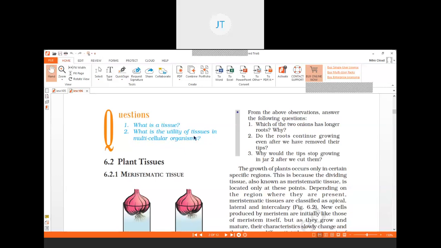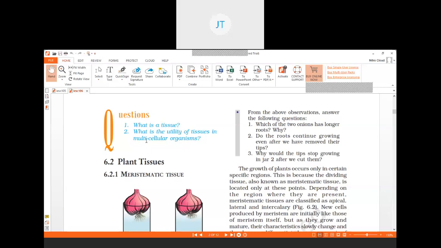Because of tissue, division of labor becomes possible. If tissue is not there, then specialized function is not carried out by a group of cells, and then division of labor is not possible. Then it becomes difficult for a multicellular organism to give food and all the nutrients, and also to take out waste from all the cells of the body.